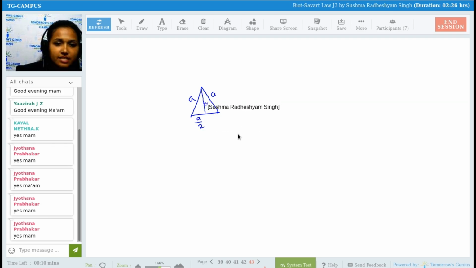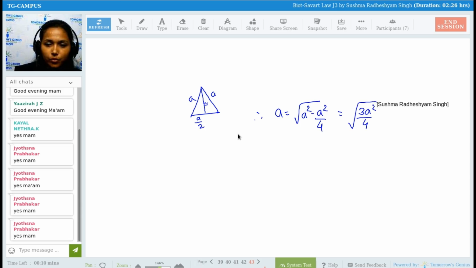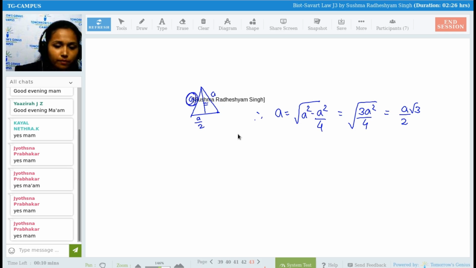So you should calculate this distance, which is nothing but A equals under root of A square minus A square by 4. Am I right? By Pythagoras. So when you solve, it's simply under root of 3A square by 4, or we can say A by 2 under root of 3. So this is your radius of the point.